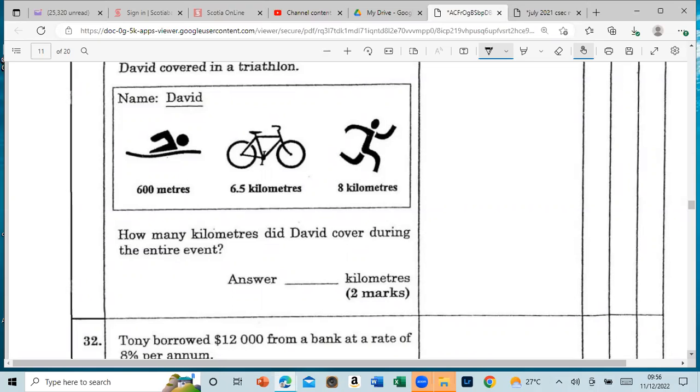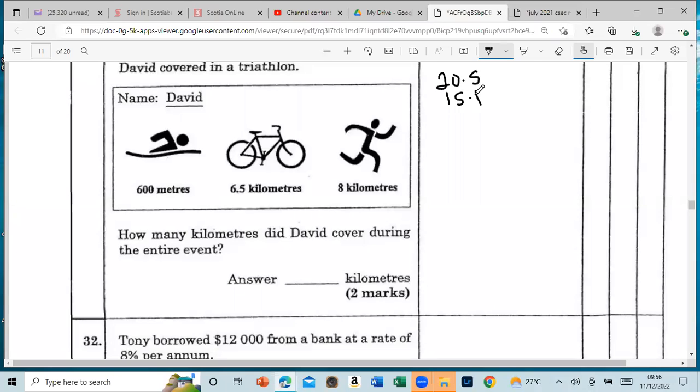What about the others? What did you guys get? 15.1 kilometers. I'm going to write down the two answers. So 15.1. What was the other answer? 20 and a half. So that's 20.5.